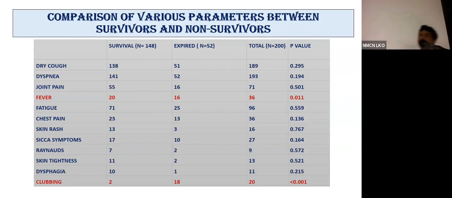Now, coming to the comparison of various parameters between survivors and non-survivors. Regarding clinical and symptom assessment, we found that presence of fever and clubbing was statistically significant in differentiating between survival and death outcome in included ILD patients.